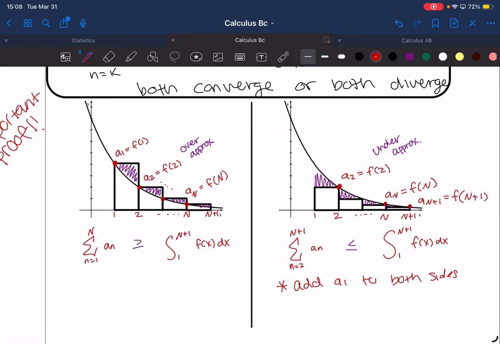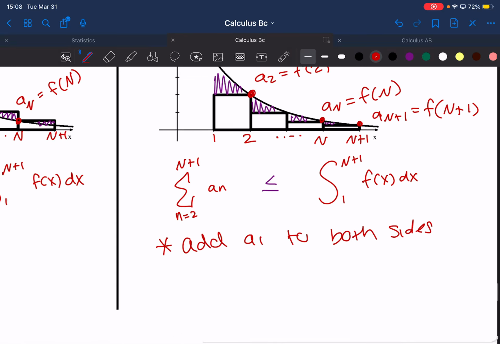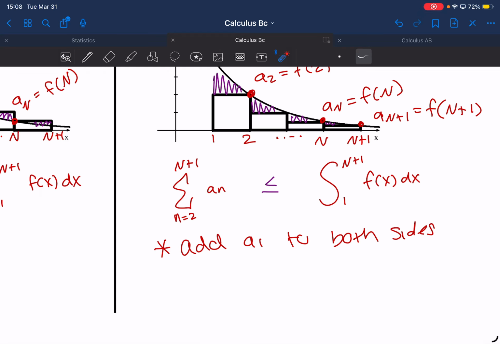And again, I'm only looking right here. When I do that, that means this n equals 2 is now going to be n equals 1. I'm now starting at 1. And my function, f of x dx, is just going to have an added constant at the end, and that constant is plus a sub 1.